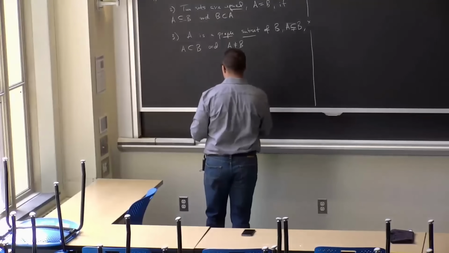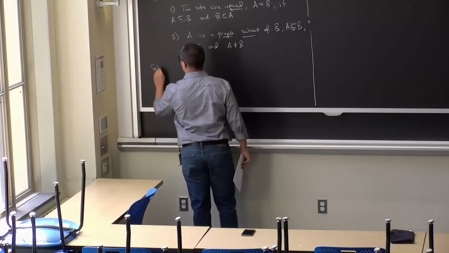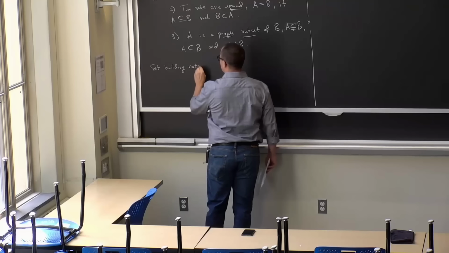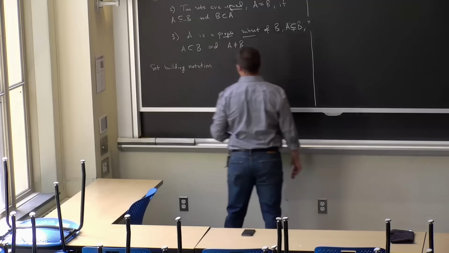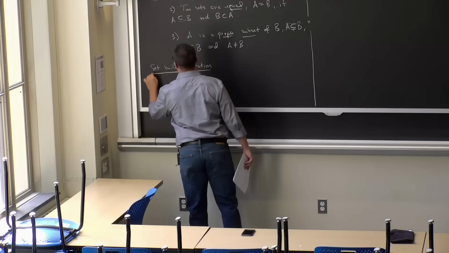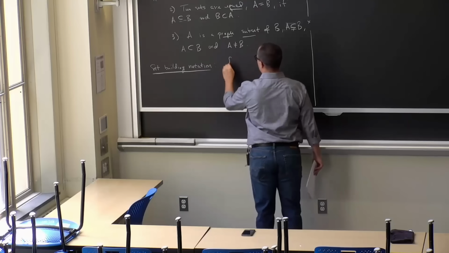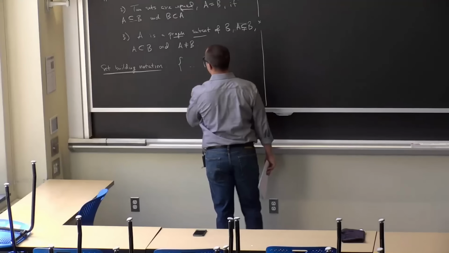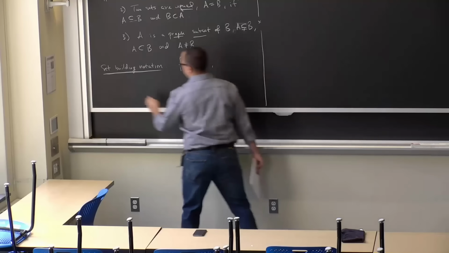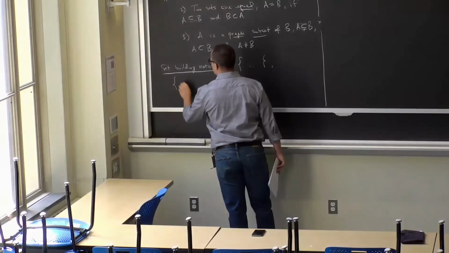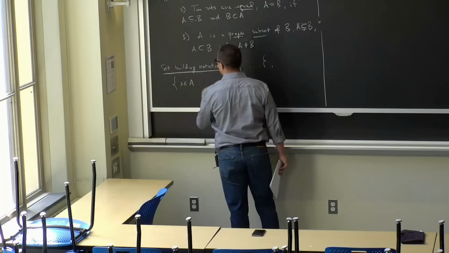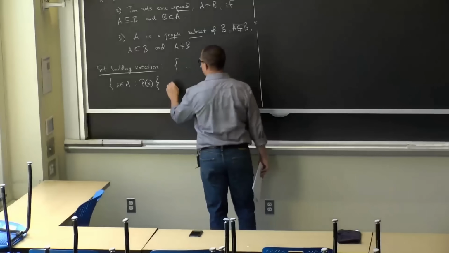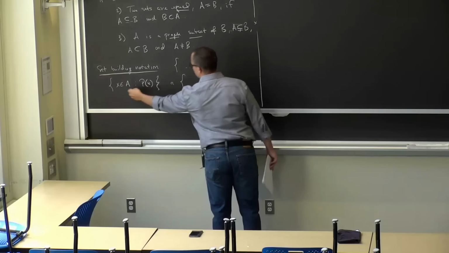Again, a lot of this is just probably review. When we describe sets, we will use these braces and maybe list the elements in here, or we will describe it as x in some set A satisfying some property P of x, or we won't write this x in A part.